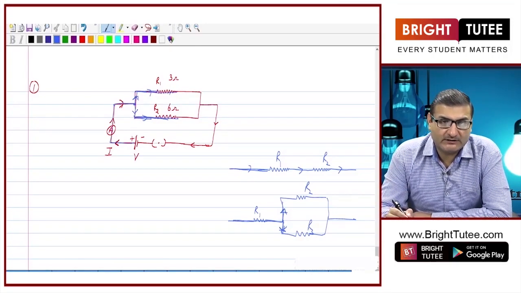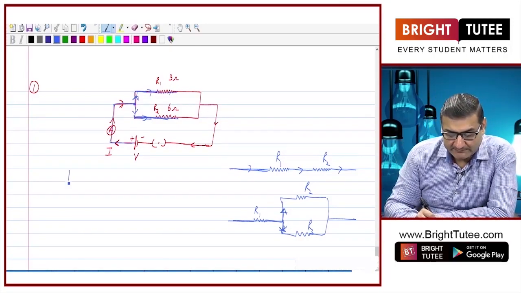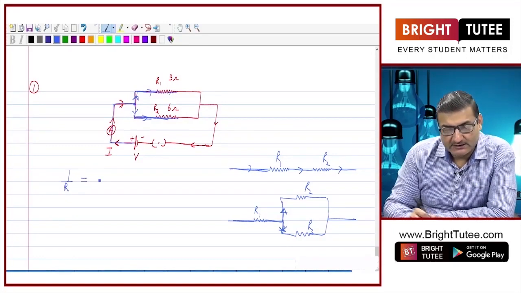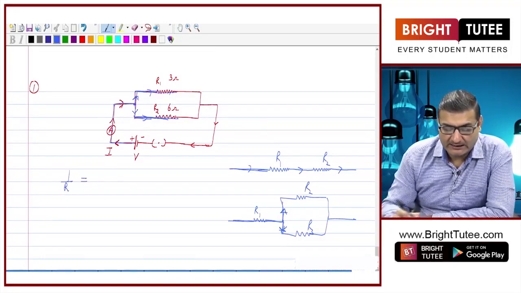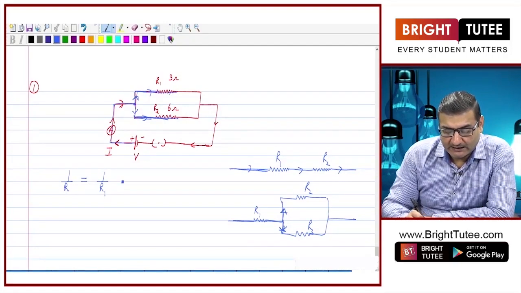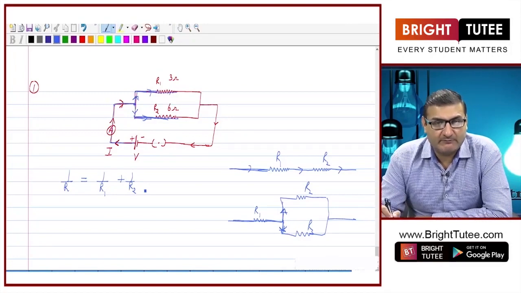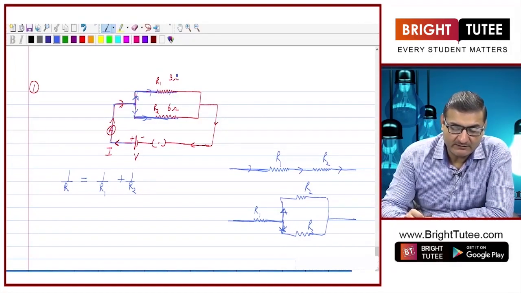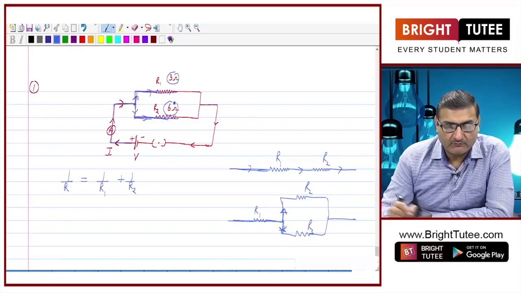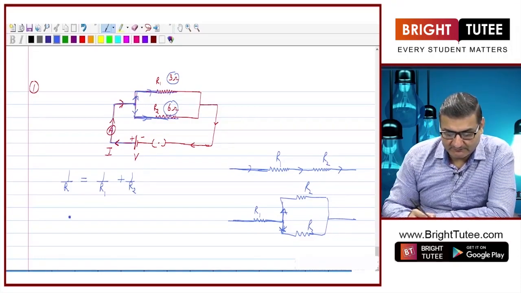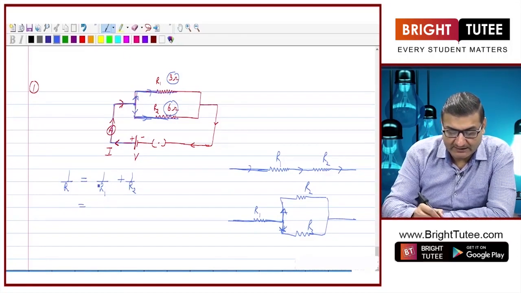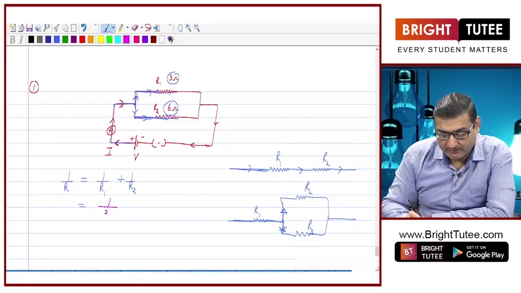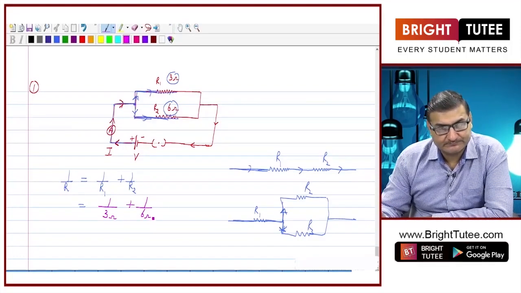And to find out the total resistance, we know that in parallel the total resistance is given by the formula 1 upon R is equal to 1 upon R1 plus 1 upon R2, where R1 and R2 are individual resistances and R is the total resistance. R1 we are given 3 ohms, R2 we are given 6 ohms. Putting down the values, we get 1 upon 3 ohms plus 1 upon 6 ohms.